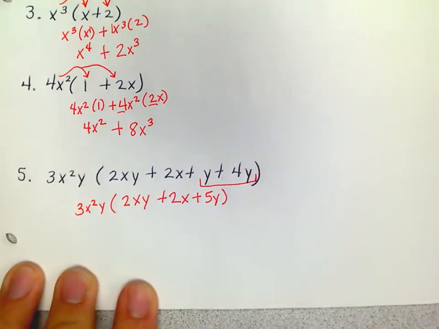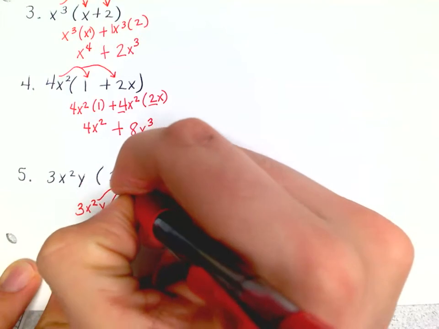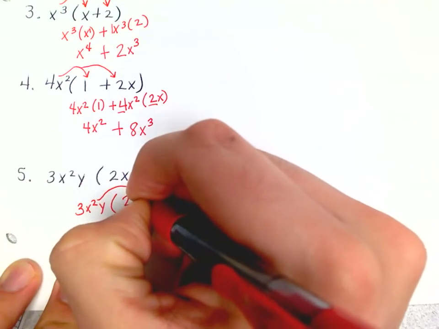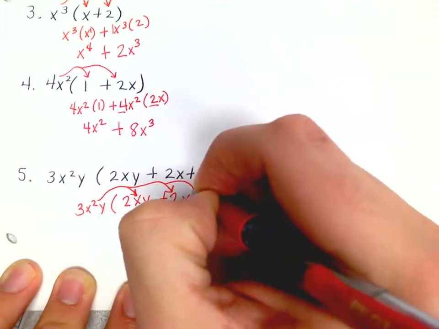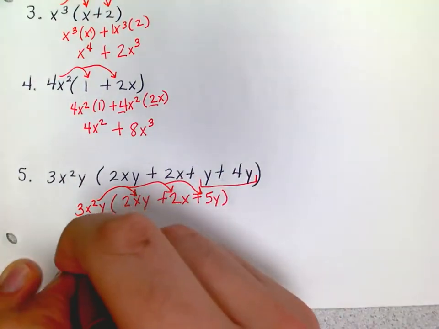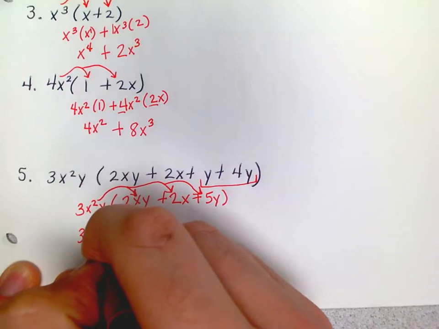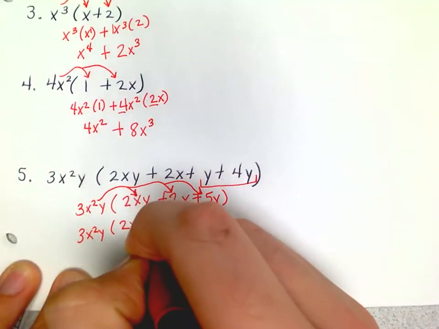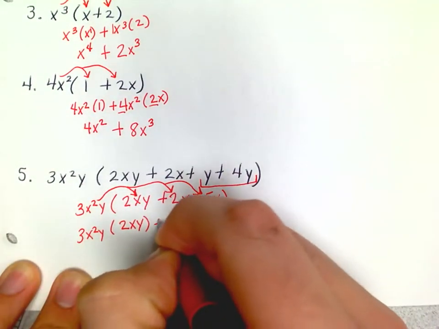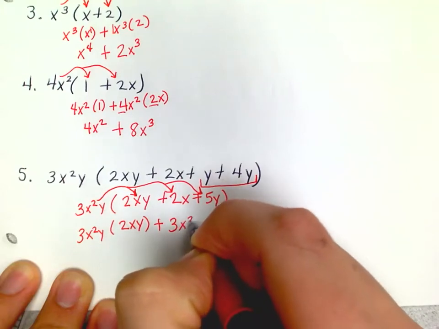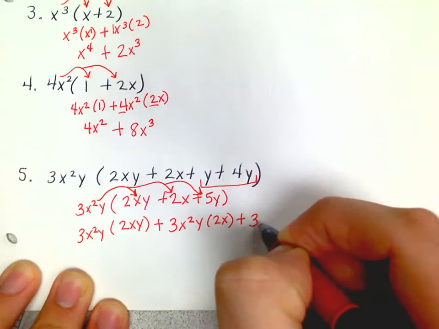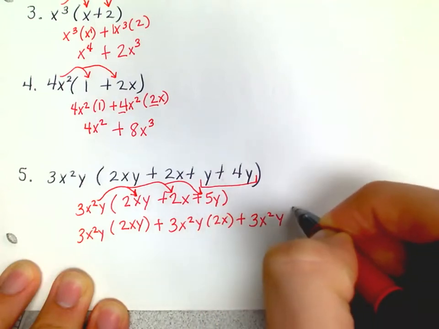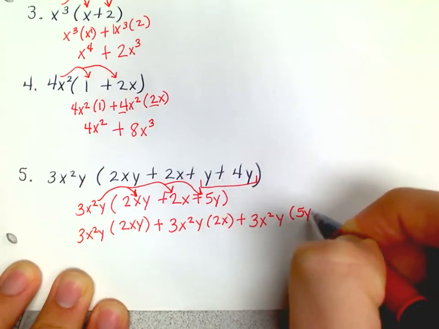Now if we use that distributive property to multiply the 3x squared y times everything inside the parentheses, let's say 3x squared y times 2xy plus 3x squared y times 2x plus 3x squared y times 5y.